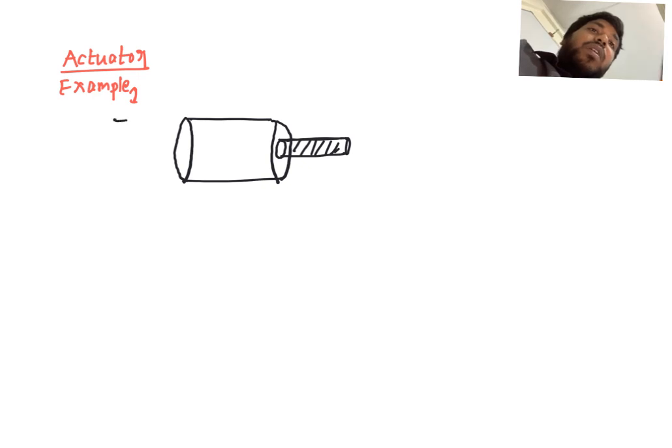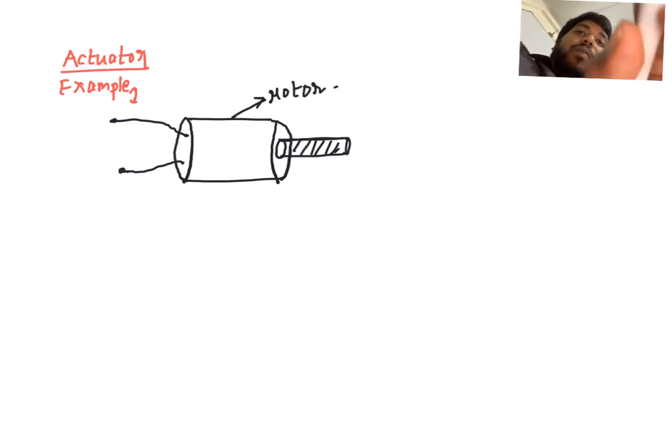And every motor is actually equipped with two electrical lines like this. These two are electrical lines. Now this is the general structure of a motor. From basic physics, we all know that when we apply the electrical input to the motor, that is either voltage or current, then the motor shaft is going to rotate.